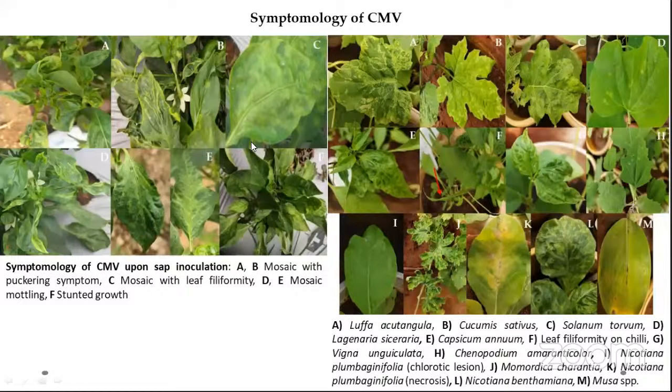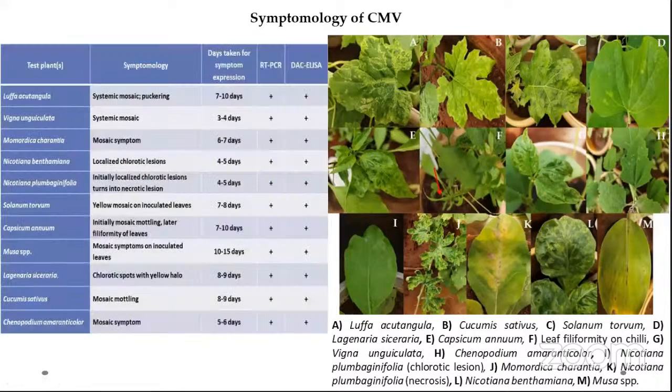Based on the symptomology, these TN CMV isolates have been partially sequenced, and a representative isolate was sap inoculated onto different host plants to assess the symptomology of the TN isolates.